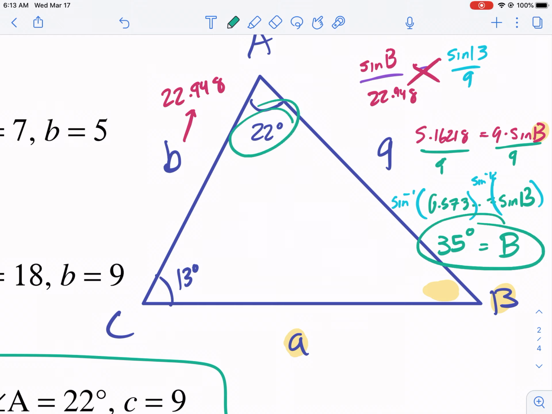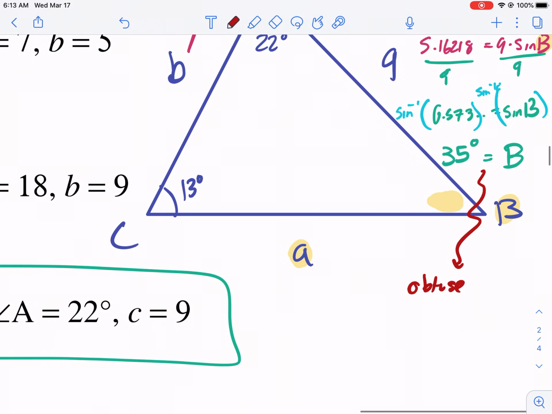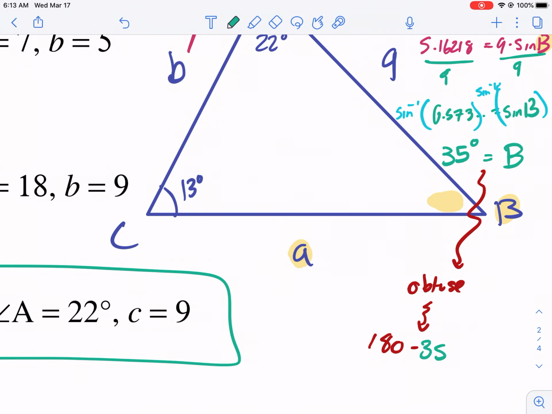Because then we have 22 plus 35 plus 13, and that doesn't equal 180. So here's the thing. If you know it's an obtuse angle, what do you have to do? That 35 is clearly not obtuse. You have to do 180 minus 35. That's just one extra step.